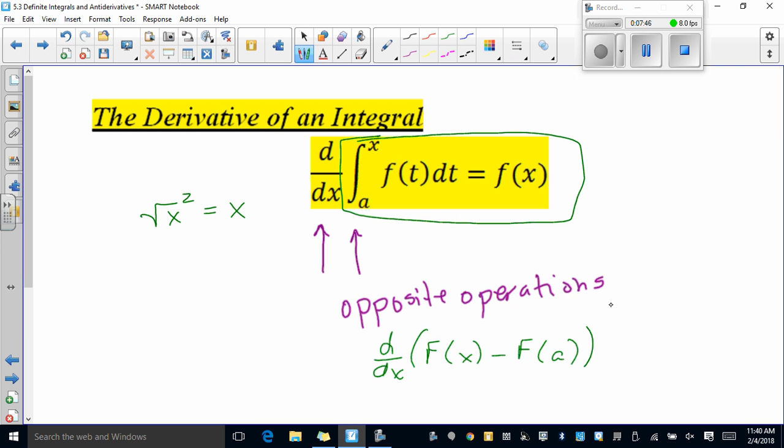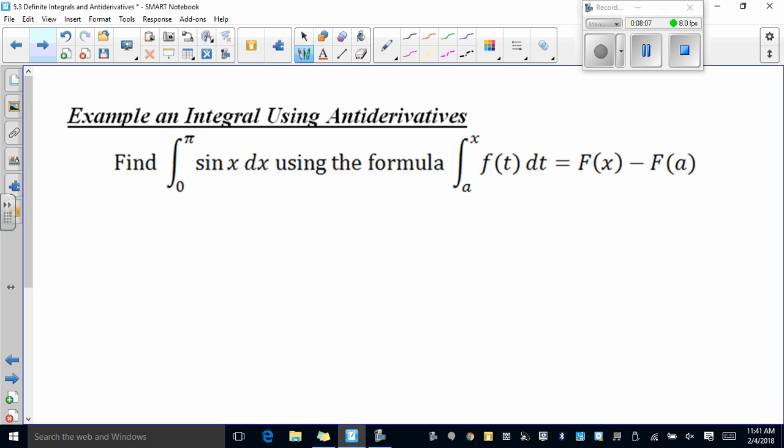So they want you to start playing with antiderivatives using that rule. On this one, I have the integral from 0 to pi of sine of x dx. Now I'm going to show some notation, and yes, you have to use this notation. We need the function whose derivative is sine of x.